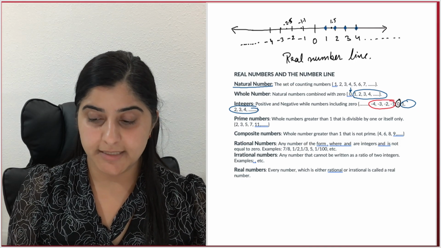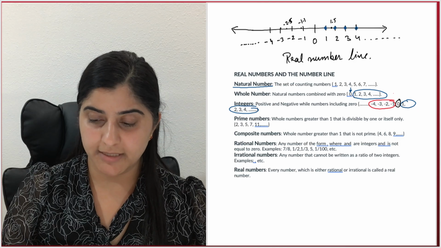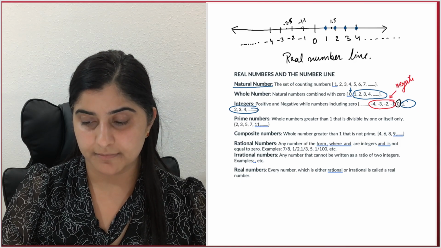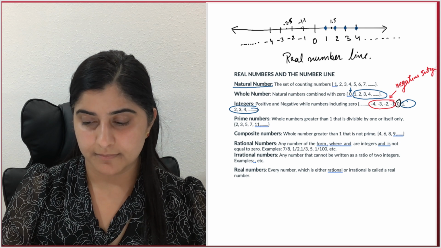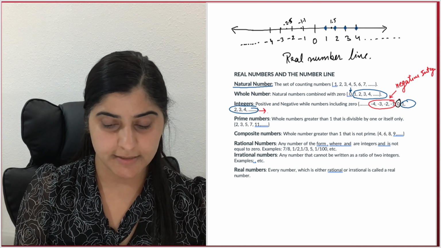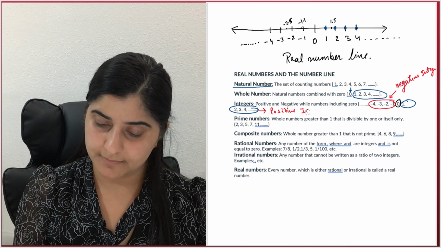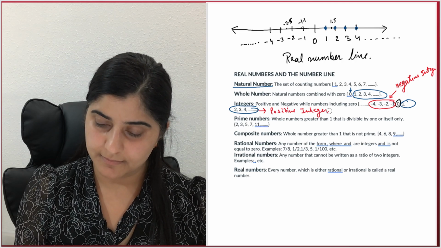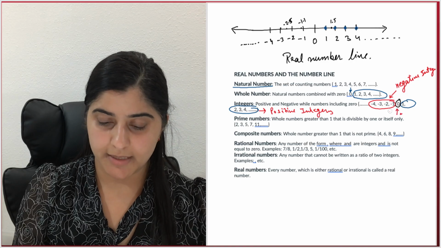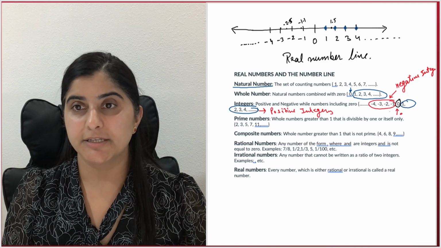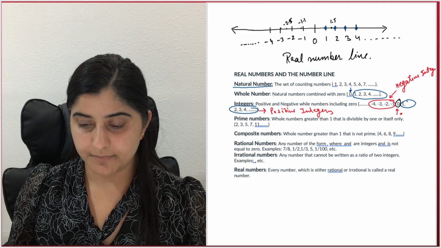And we divide integers into, we call these negative numbers negative integers, positive integers, and 0. Okay, so integers involve positive integers, negative integers, and zero.